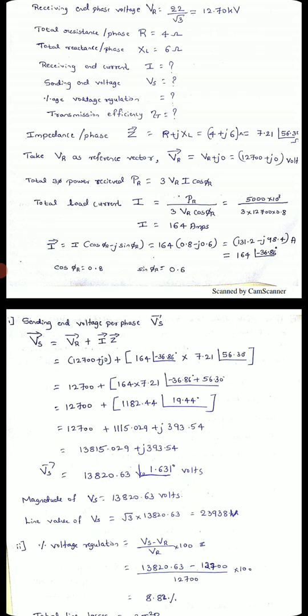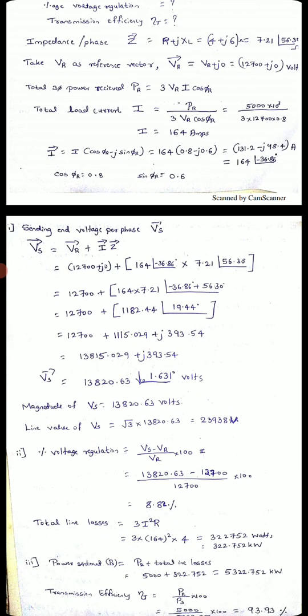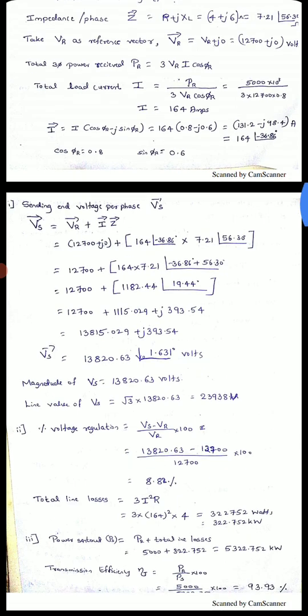So the magnitude is 13,820 and the angle is 1.61. If you want the line voltage, multiply by root 3, and you get 23,938 volts. Percentage regulation is given by VS minus VR by VR. Here we write the phase voltages only, that is 13,820 minus 12,700 divided by 12,700. We get 8.82% as the voltage regulation.